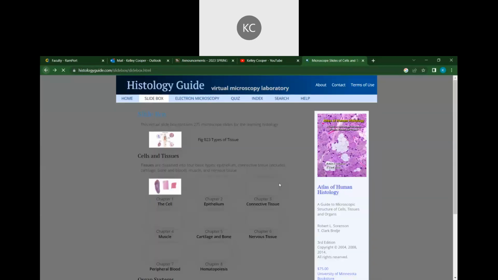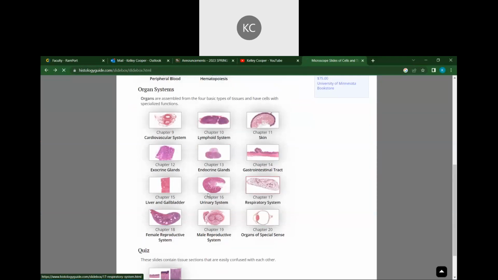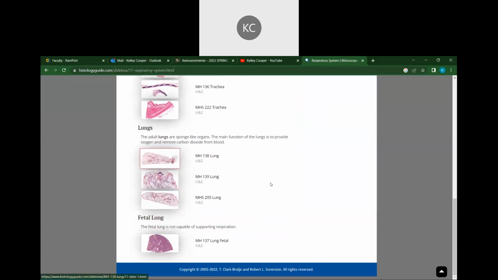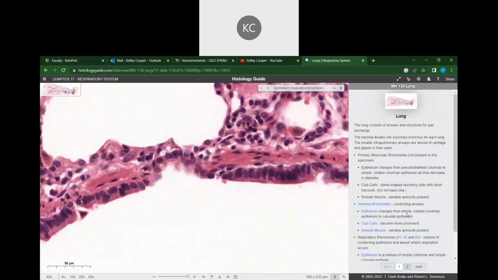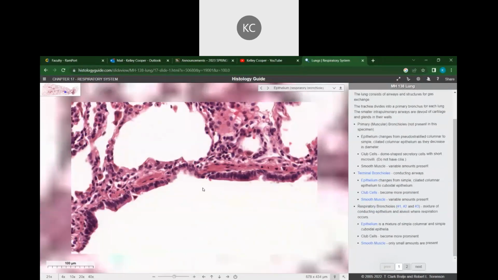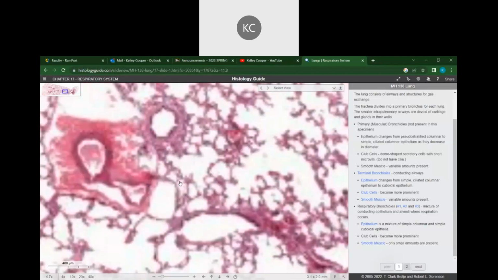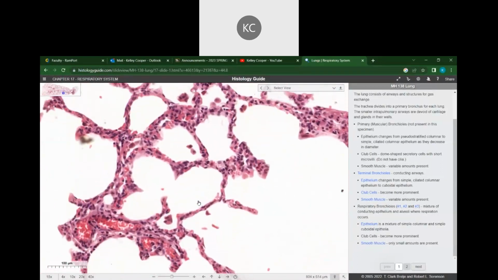If I go back and I go down to respiratory system, we can look at our alveoli, and we can see that we have a very thin, simple squamous tissue that is associated with our alveoli. So in our lungs, we have alveoli where we have gas exchange occur, right?